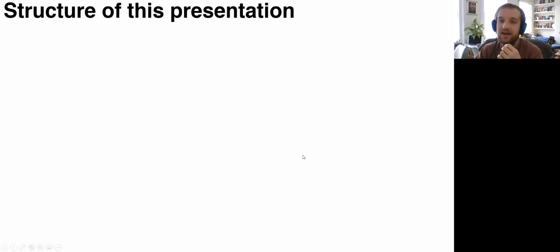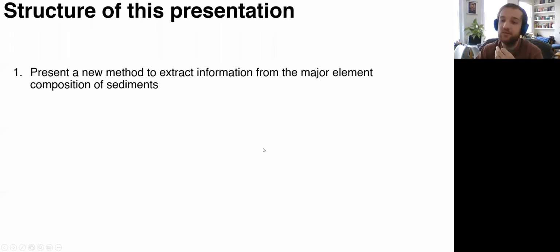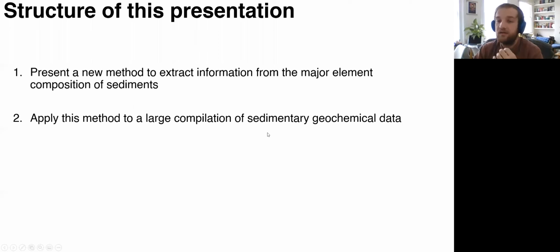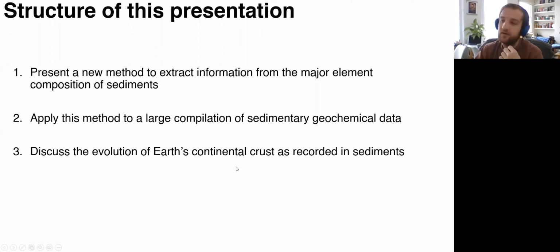Today, I'm going to structure my presentation in four separate parts. Firstly, I'm going to present a new method which I've developed, which allows us to extract information from the major element composition of sediments. Next, I'll apply this method to a large compilation of sedimentary geochemical data produced by a collaborative research project.